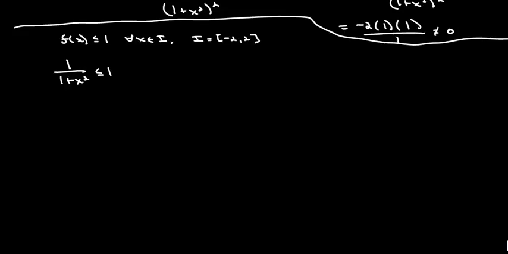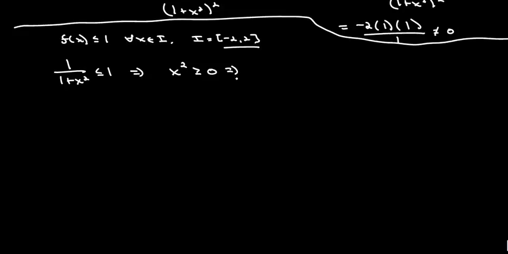The first we can do is go through the argument here and say, okay, x squared is clearly greater than or equal to 0 on this interval.